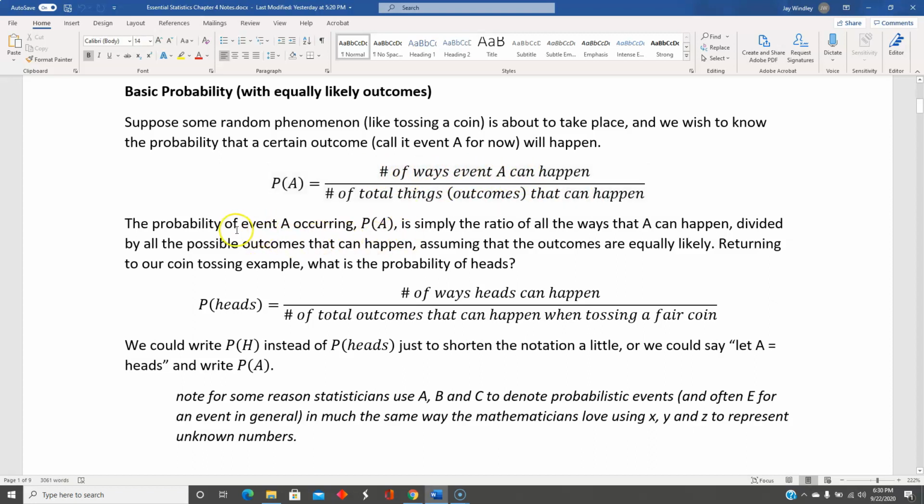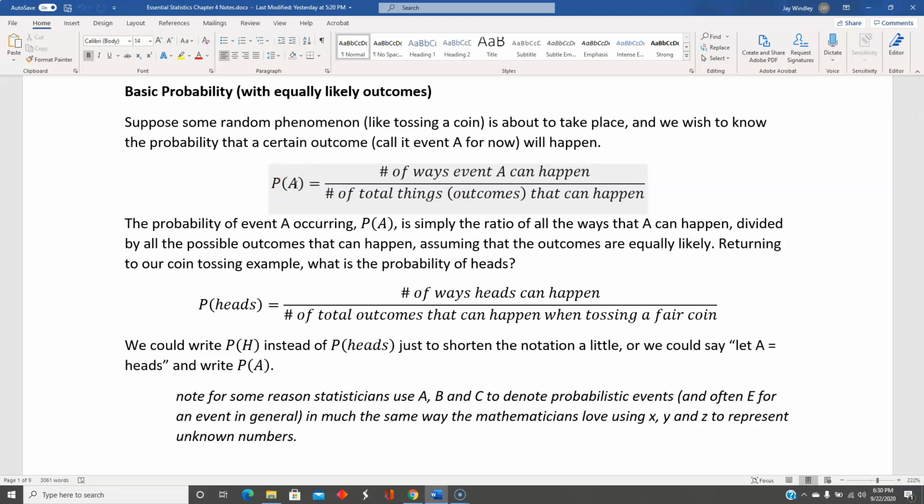And so this notation here, P and then parentheses A, almost looks like function notation. P of A is read the probability of A, or the probability of event A. That's conventional notation. Also, it's conventional to use capital letters A, B, and C for a generic event.